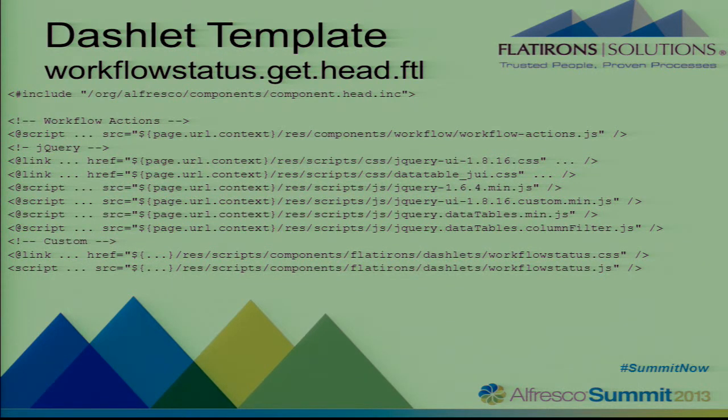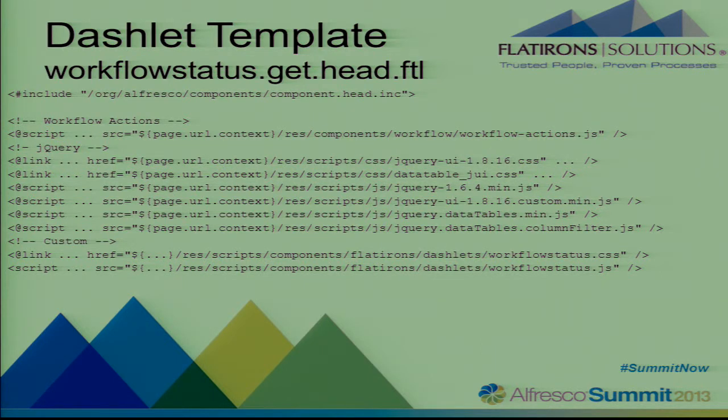Key things to notice here in the head. First of all, as you have in any Dashlet, you're going to include the Alfresco components. And then we had a couple of things that we specifically needed to include in here. One is the workflow actions definitions that are used in the Workflows I've Started screen and in the My Tasks screens.